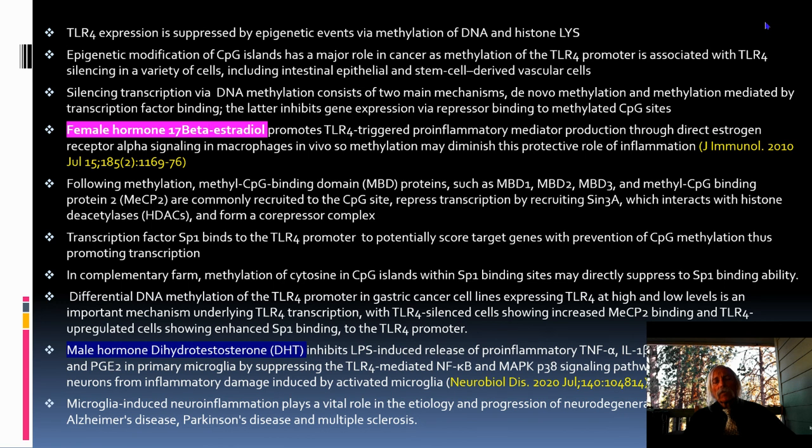So the differential DNA methylation of the TLR4 promoter in gastric cancer cell lines, remember I told you sometimes toll-like receptors are expressed in tumors, expressing TLR4 at high and low levels, is an important mechanism underlying TLR4 transcription. With TLR4 silent cells showing increased methyl CpG binding, and TLR4 upregulated cells showing enhanced SP1 binding to the TLR4 promoter.